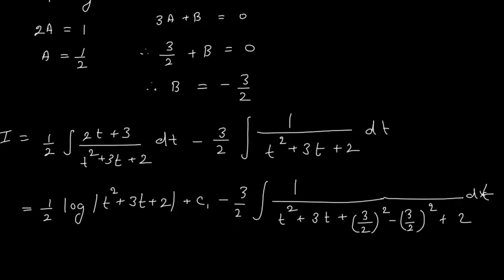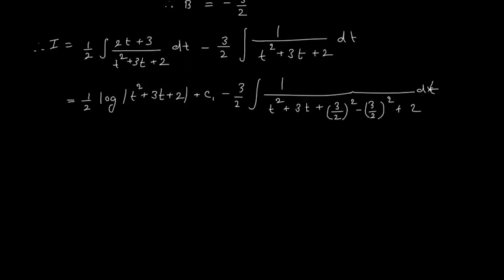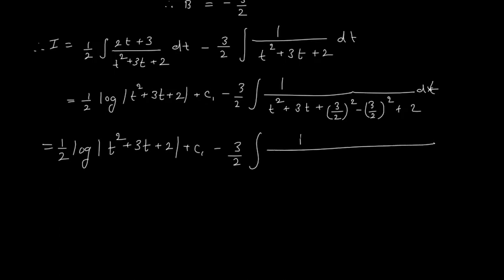Now this is equal to 1 upon 2 log of t square plus 3t plus 2 plus c1 minus 3 upon 2 integration of 1 upon this term, that will give me t plus 3 divided by 2 the whole square, minus 3 3s are 9, 9 upon 4, plus 2, which I can write as 8 upon 4, right?